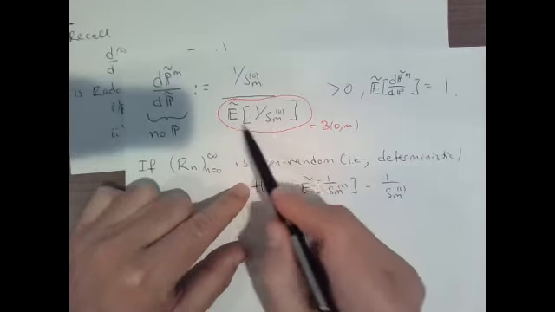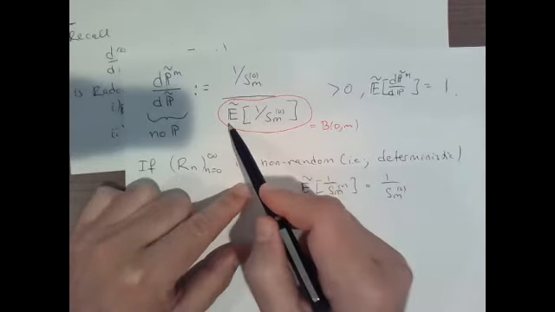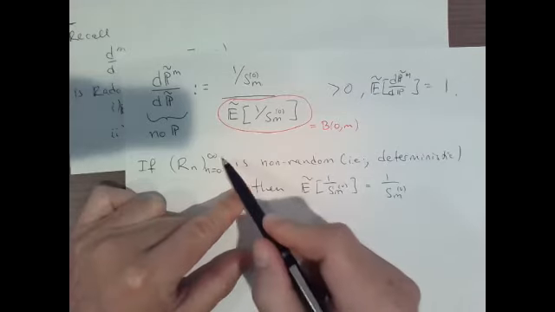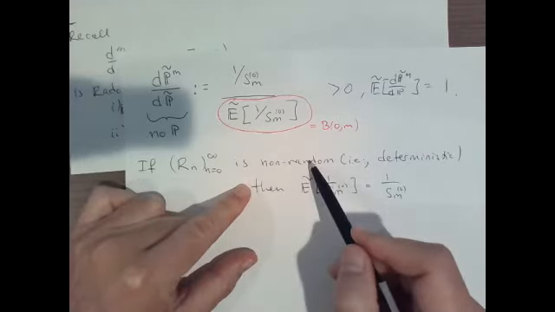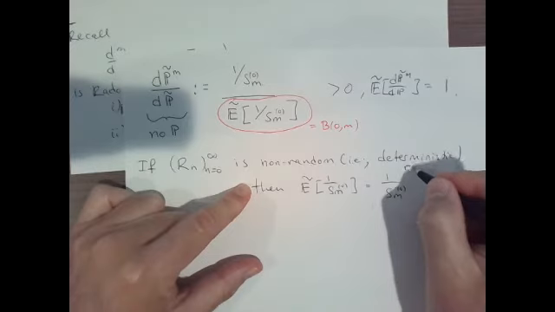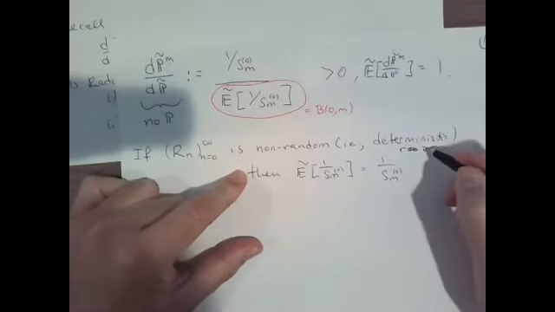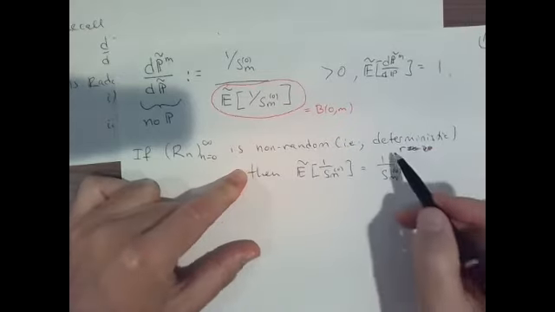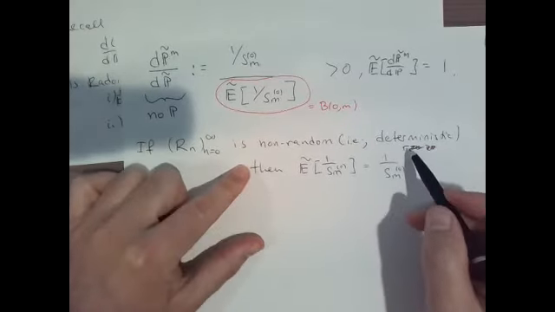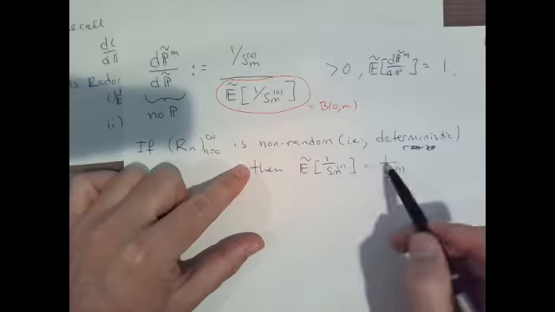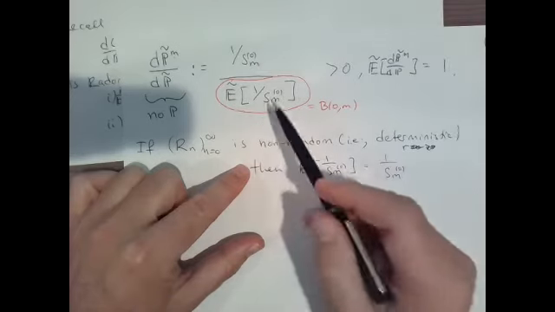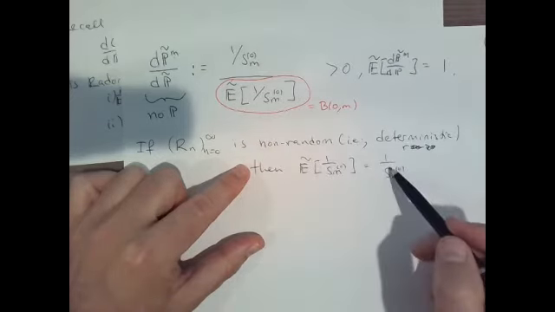I want to compute what's inside this red box here. And so if this is not random, like what we had in the case of the constant interest rate, then the zero coupon bond would just be given as 1 over the money market account.